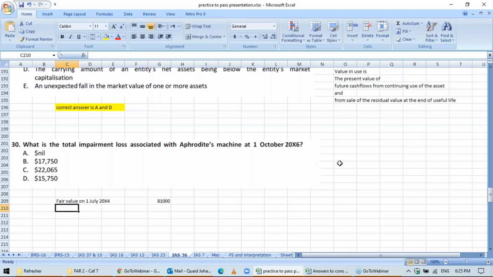Now the new date about which they are talking is 1st of October 2006. Means from the revaluation date, 1st July 2004, we are talking about a time after 2.25 years.